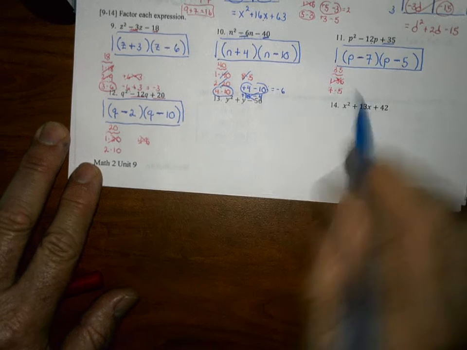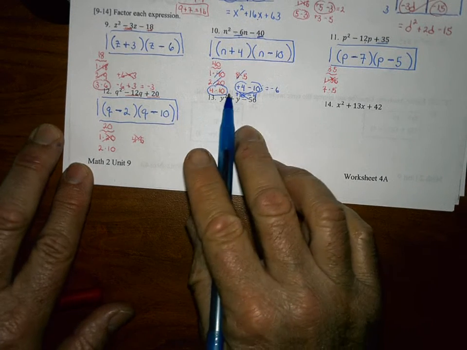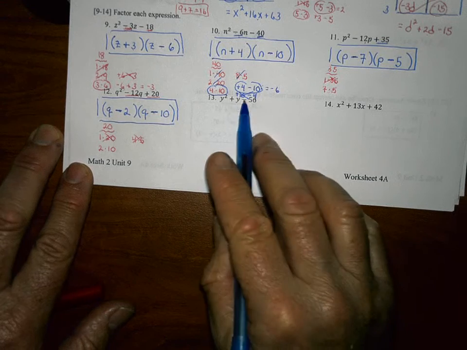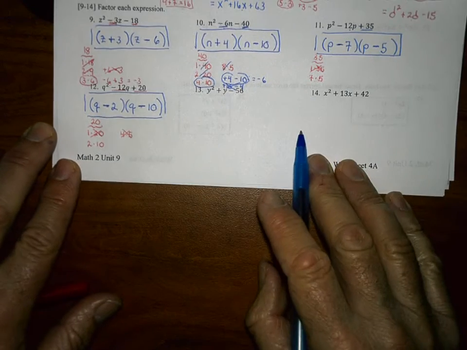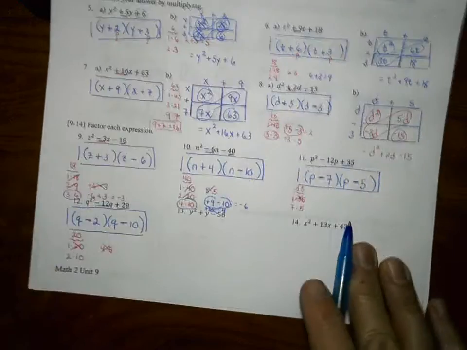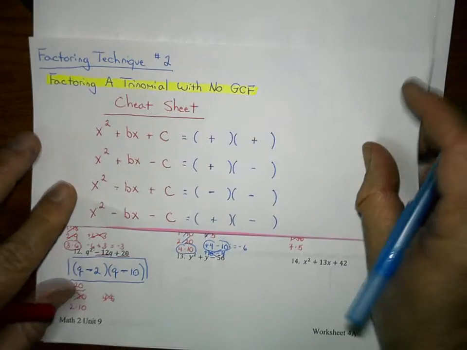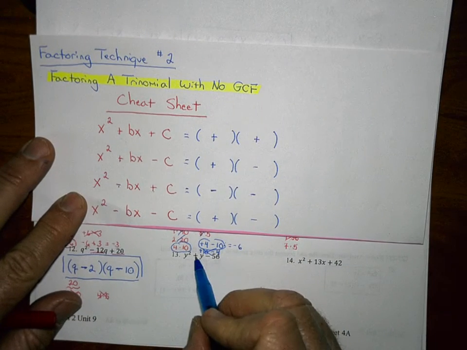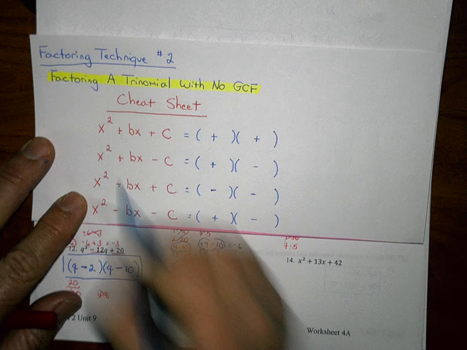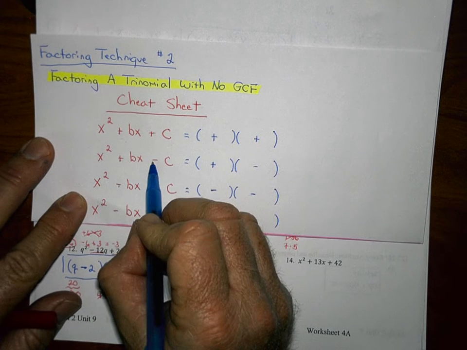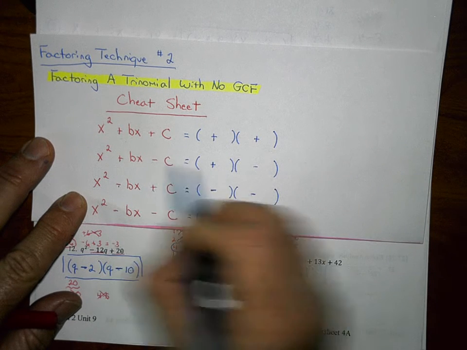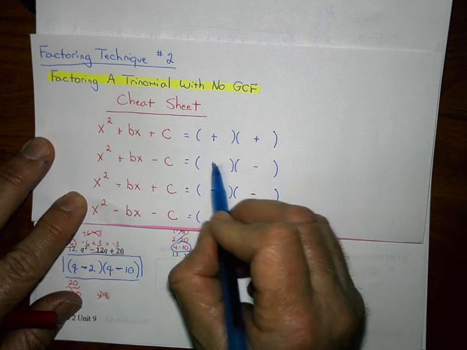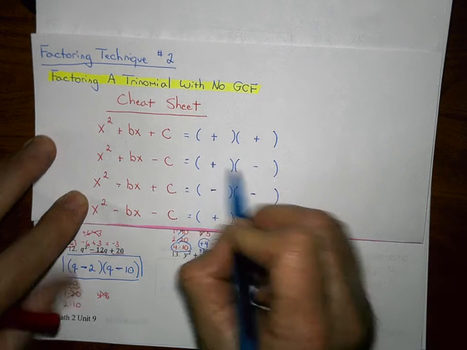Okay, all right, next one, y squared plus y minus 56. A little hard to see, I wrote over it there. So I'm going to go to my cheat sheet. I haven't done one like this. I have a trinomial, it's a plus minus. So I have a plus minus according to my cheat sheet. So that means my two sets of quantities, my parentheses, are going to be plus and minus.